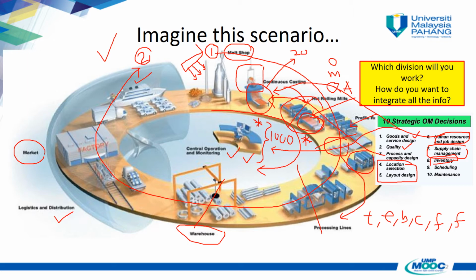And then number 9 here is scheduling. This is important. Most of the time, when you work as an engineer, scheduling will be controlled by the production planning control, PPC. They will schedule all of your 4M: man, machine, material, and method.